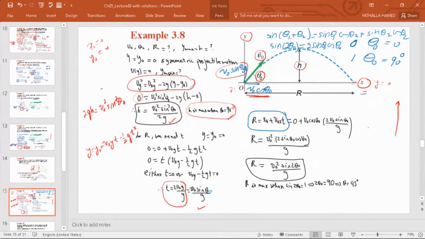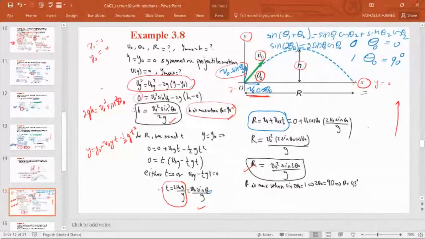So sine of 2 theta 0 will equal 2 sine theta 0 cosine theta 0. So the 2 sine theta 0 cosine theta 0 can be replaced by sine 2 theta 0. So your R here will equal v0 squared sine 2 theta 0 divided by g.